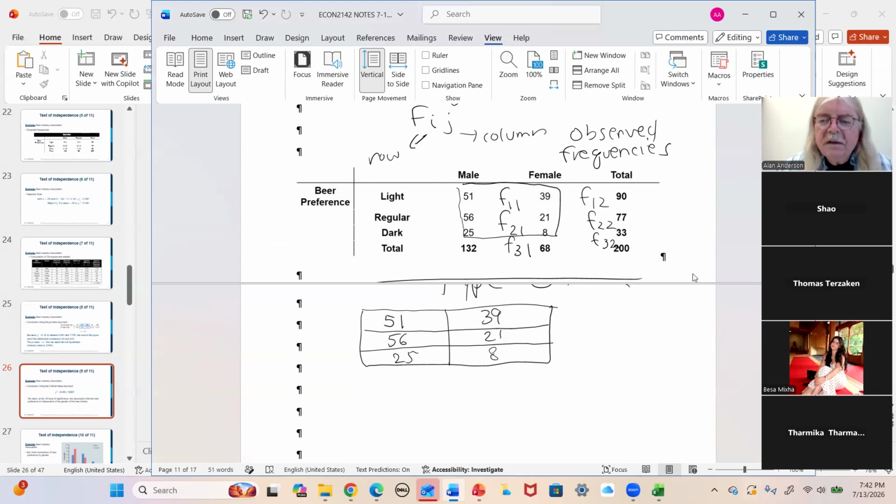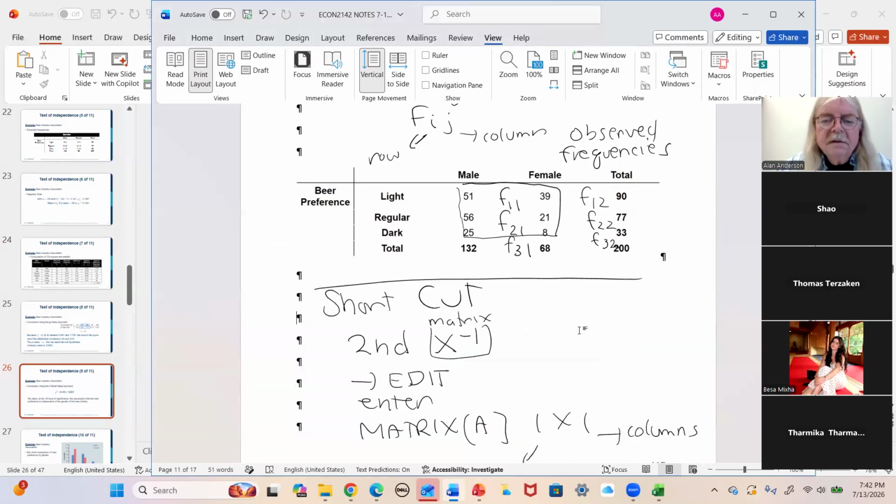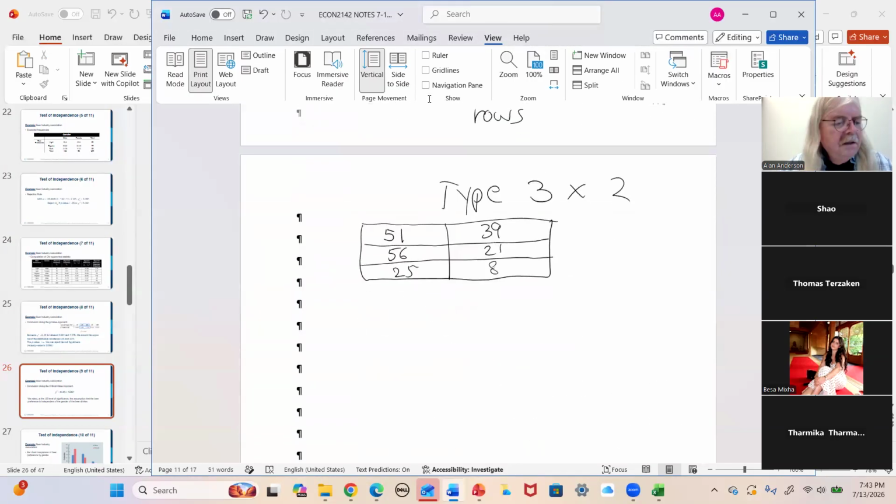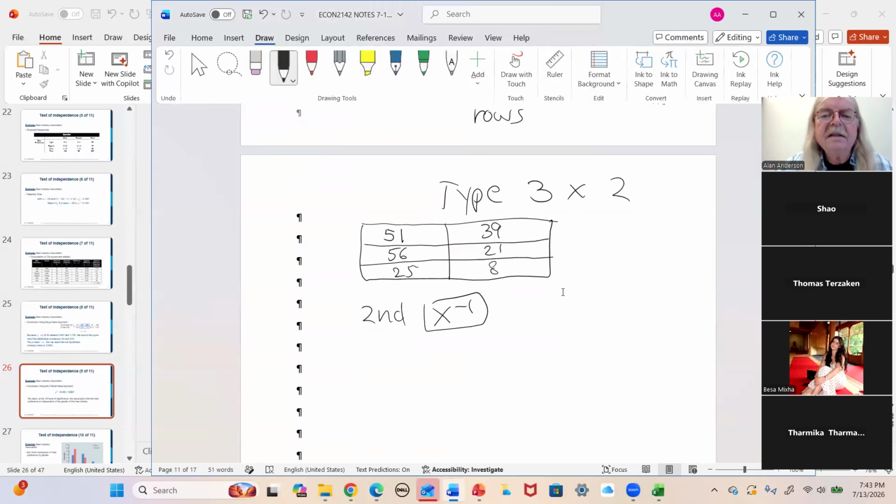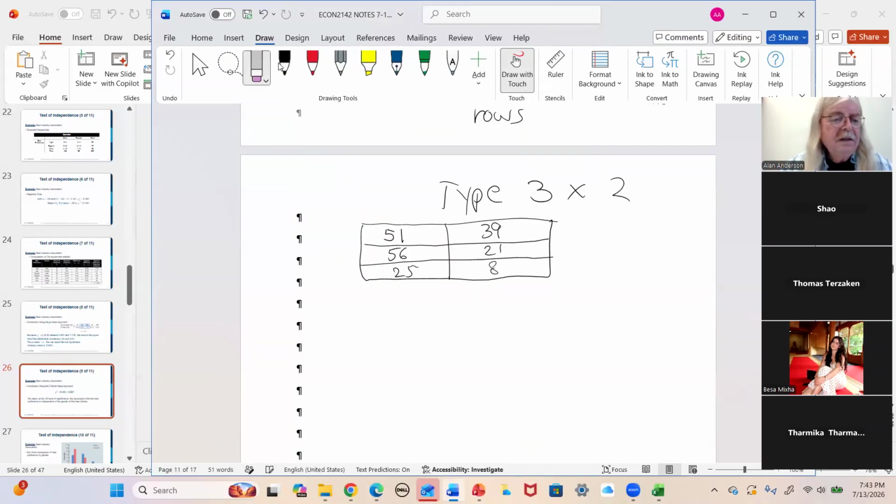Go now to stat. Actually, before we do that, let's go back to matrix. Second, inverse, X inverse. Scroll down to B. Oh, actually, I'm sorry, it won't be ready yet. No, sorry, I take that back. We'll get to this in a minute. Instead, do what I was about to do.